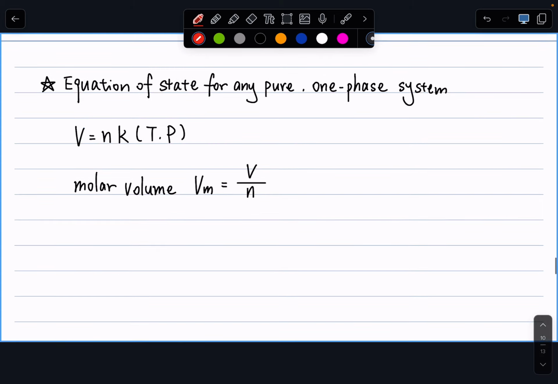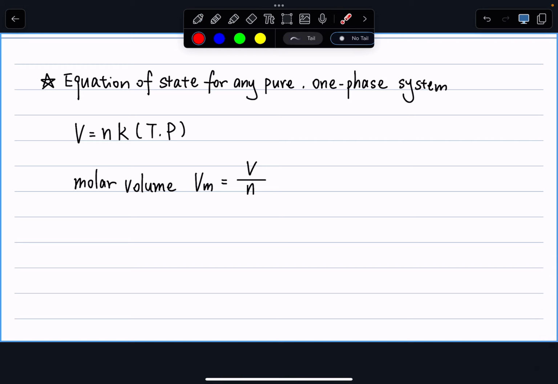If we take one step further, we can write the equation of state of any pure one-phase system as volume equals number of moles times another function of T and P. For any pure one-phase system, or just a very simple system, you can take the number of moles, N, out to write it as a molar volume.